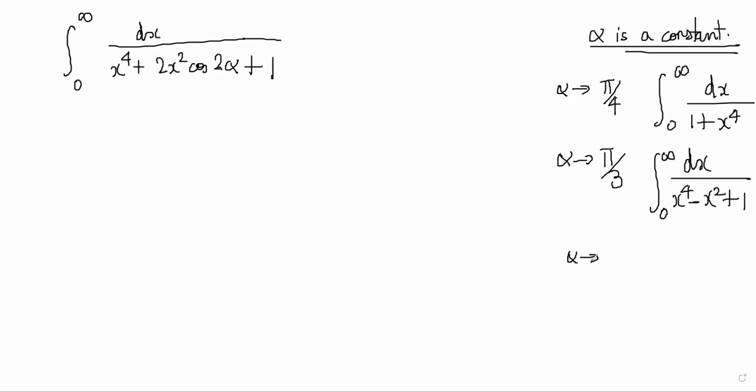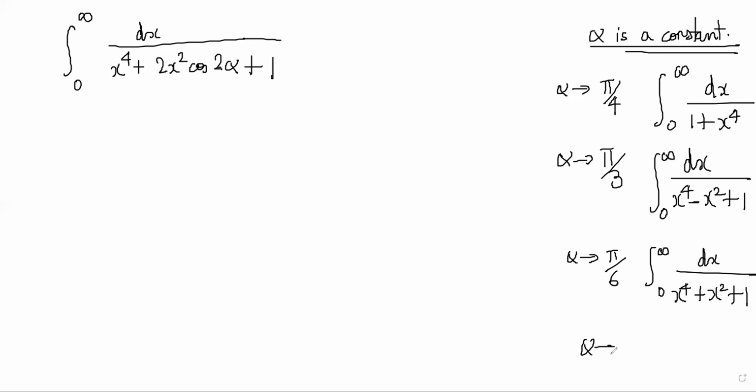Or you can take different values, let's say pi by 6. If you take pi by 6, you get cos 60, which is half, so you get the third integral, dx by x power 4 plus x square plus 1.